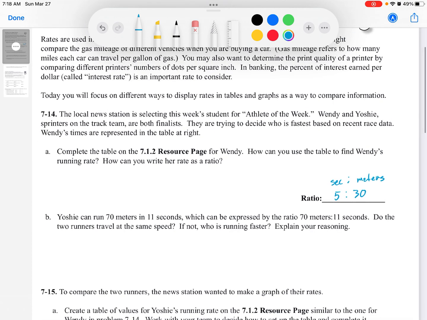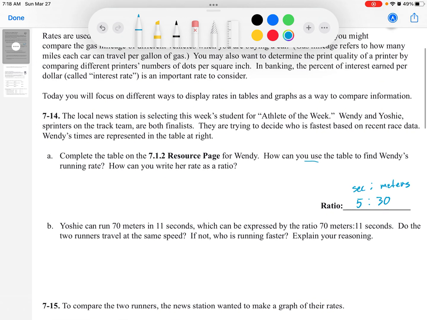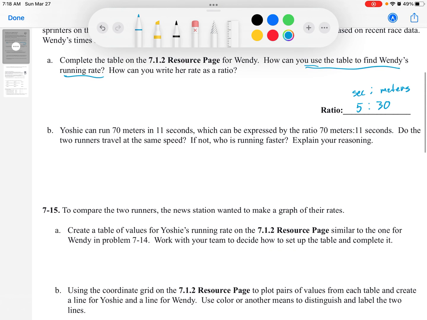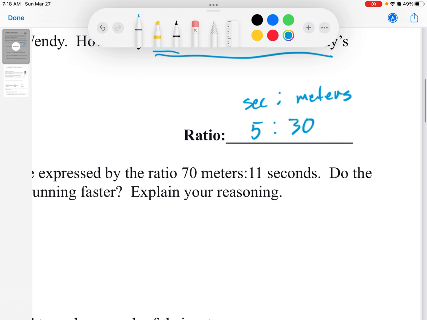So what we're doing is by using that table, how do we find that? We find that by grabbing those ratios, the seconds and meters, right? Yoshi can run 70 meters in 11 seconds, which can be expressed by the ratio 70 meters to 11 seconds. So they did meters to seconds.